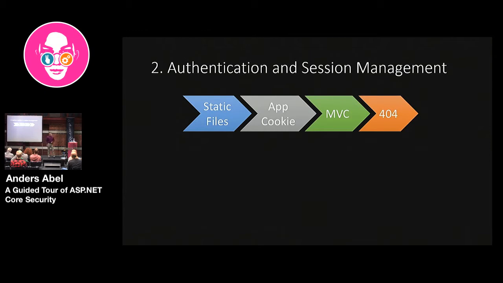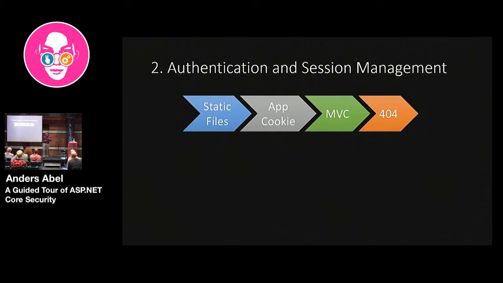So a simple setup of an ASP.NET Core application starts with a static file middleware. It will check if the request corresponds to a static file and then serve the static file. If it is not a static file, it will call the application cookie middleware. The application cookie middleware doesn't know how to handle a complete request, but it knows how to do one crucial thing for session management.